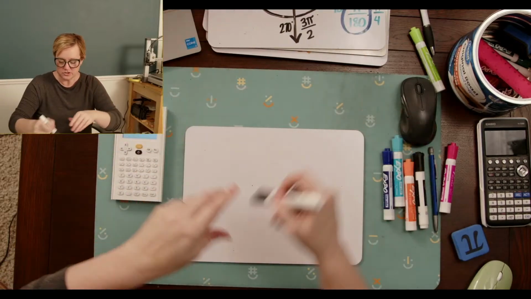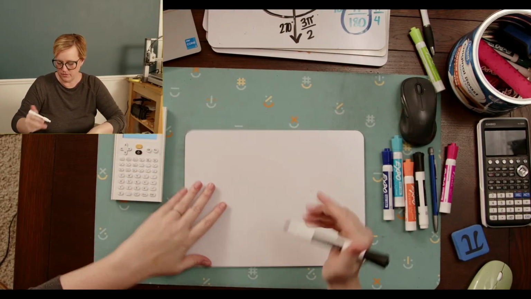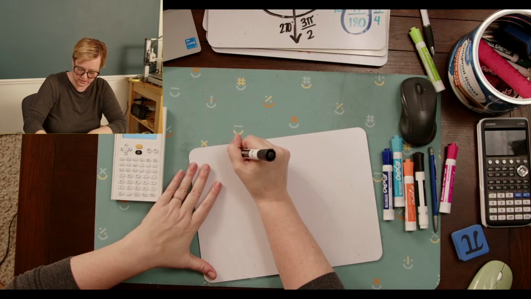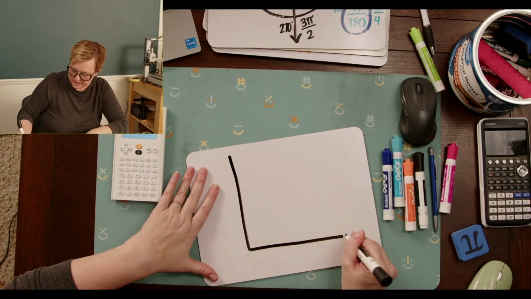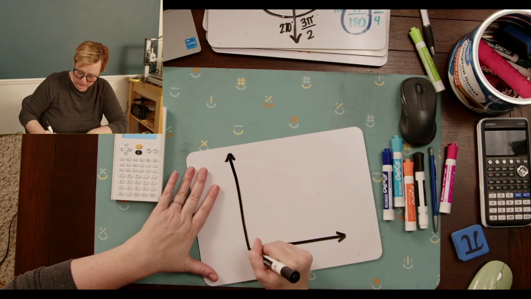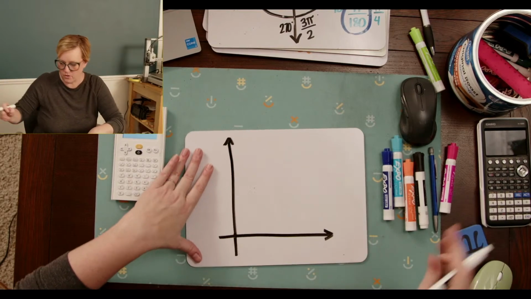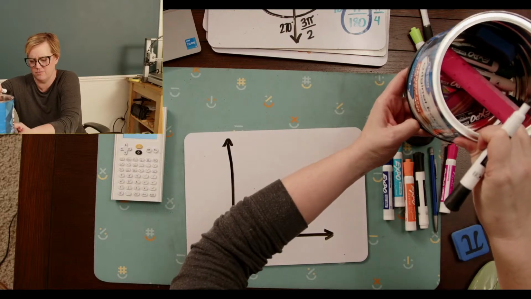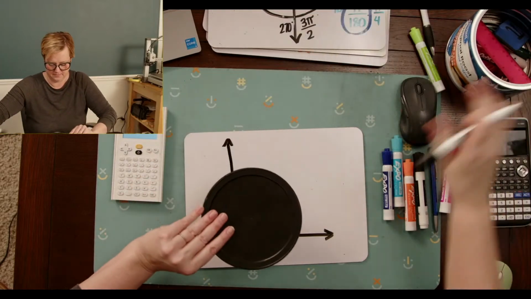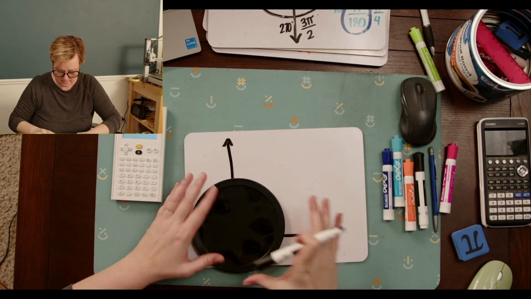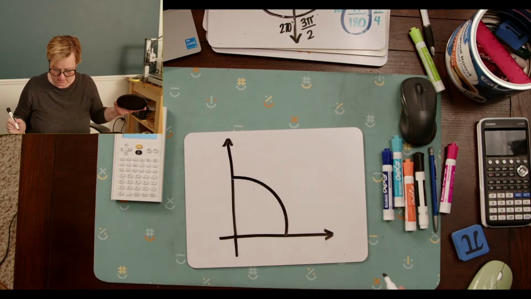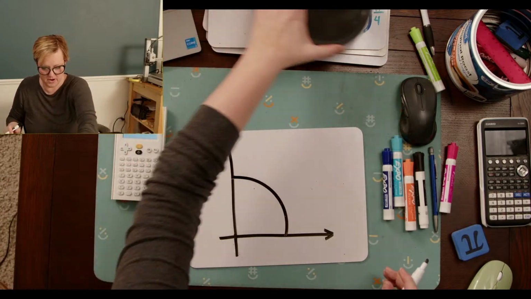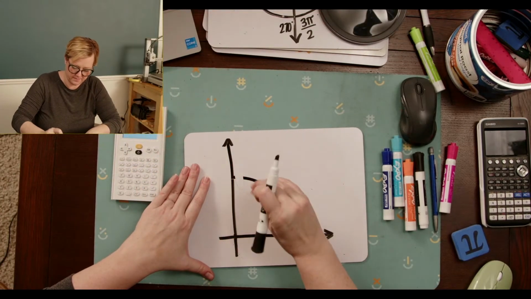Okay, so let's go with this. Okay, so we're just going to have the unit circle. And again, I'm just going to do the first quadrant, even though we know it keeps going through. Is that going to work? That's not great. Okay.